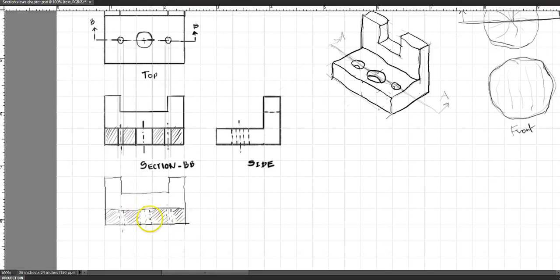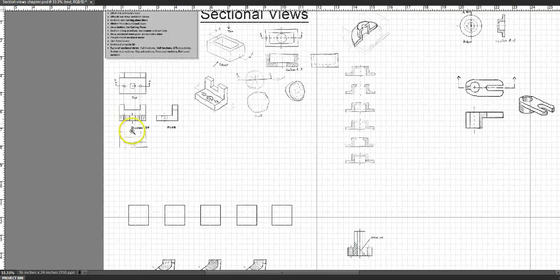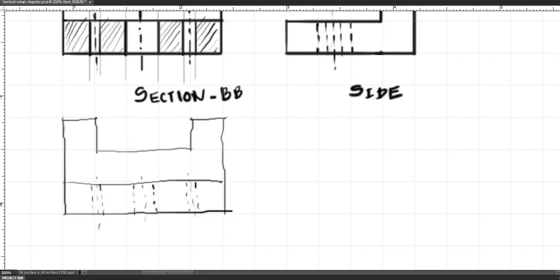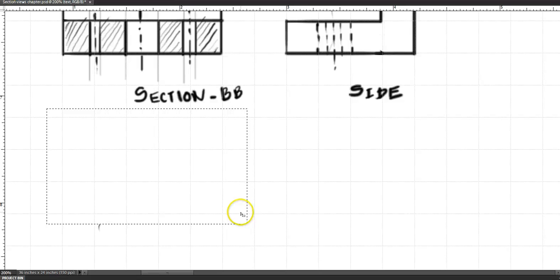So see, now this one makes a lot more sense than if I would just have a front elevation that looks like this. So what I'll do is just get rid of this one because I really don't need it.